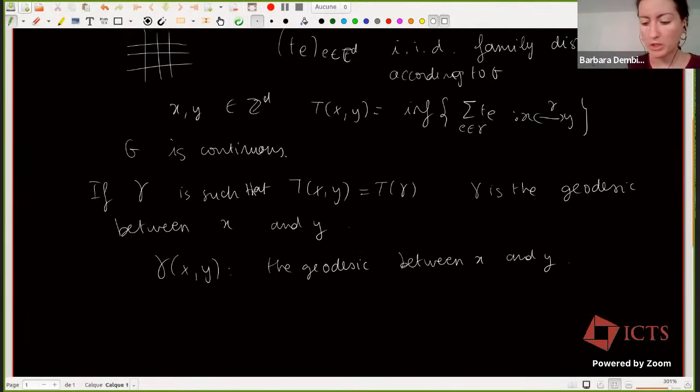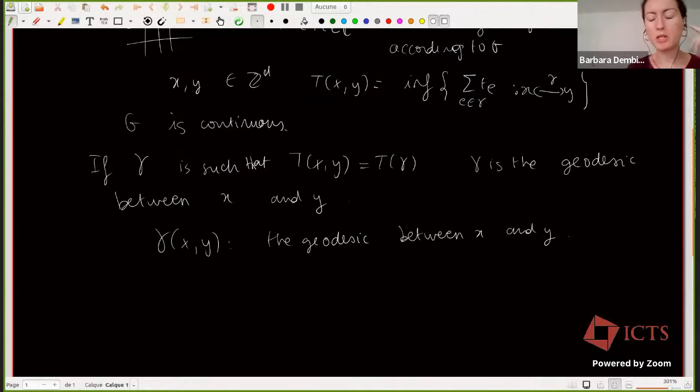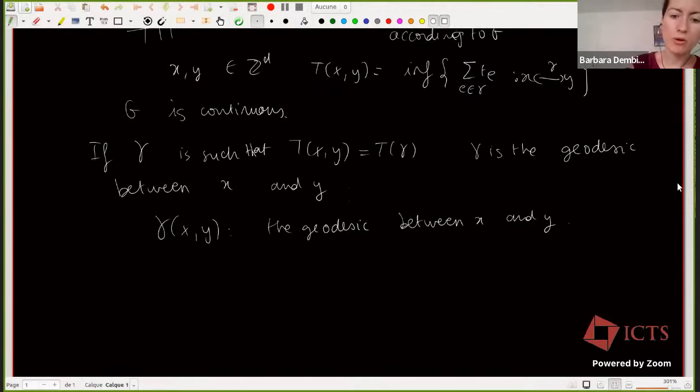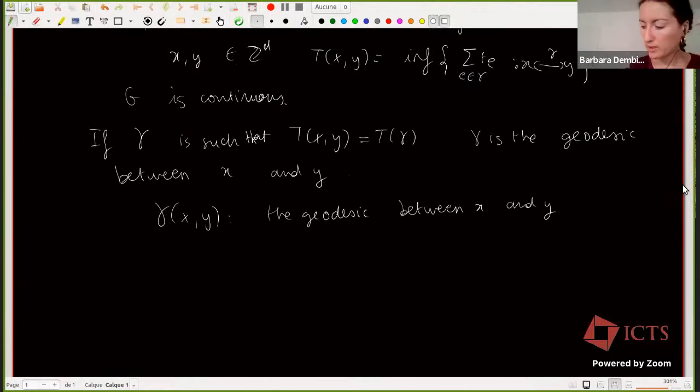And let me just now introduce another thing that I also guess you all know, but that will be an important tool for our result. It's about the limit shape.